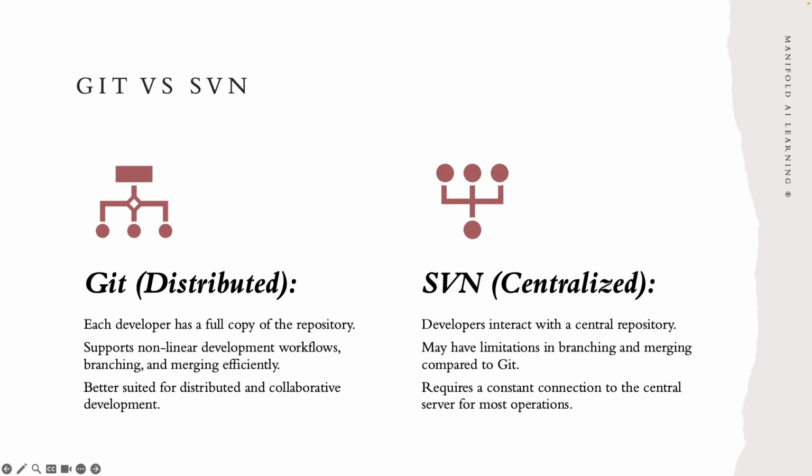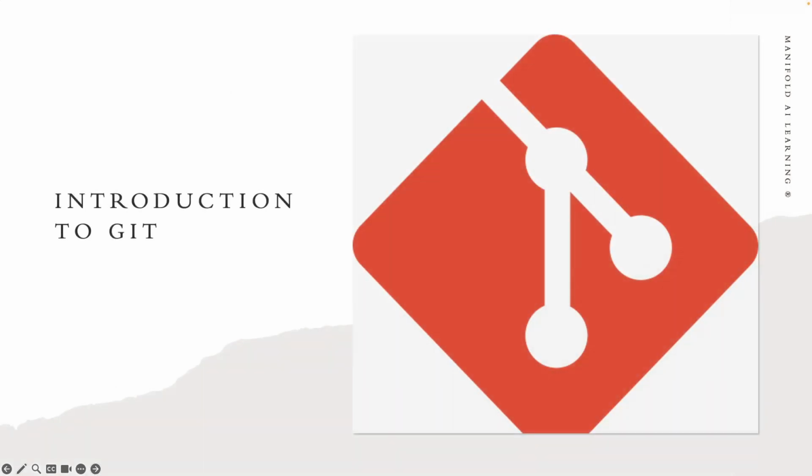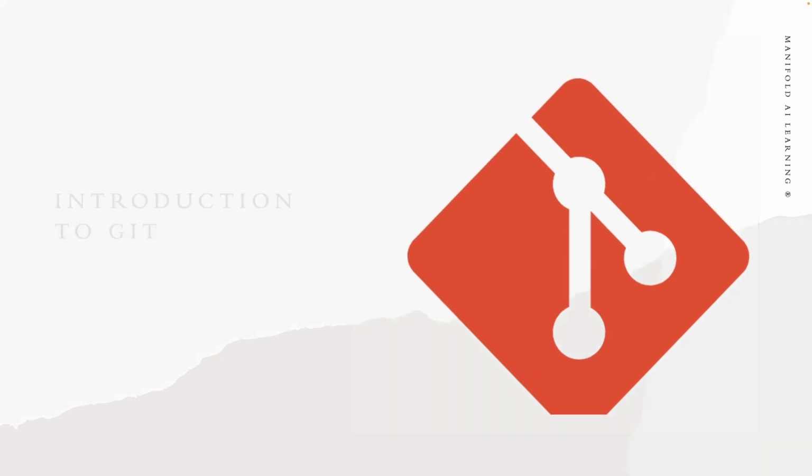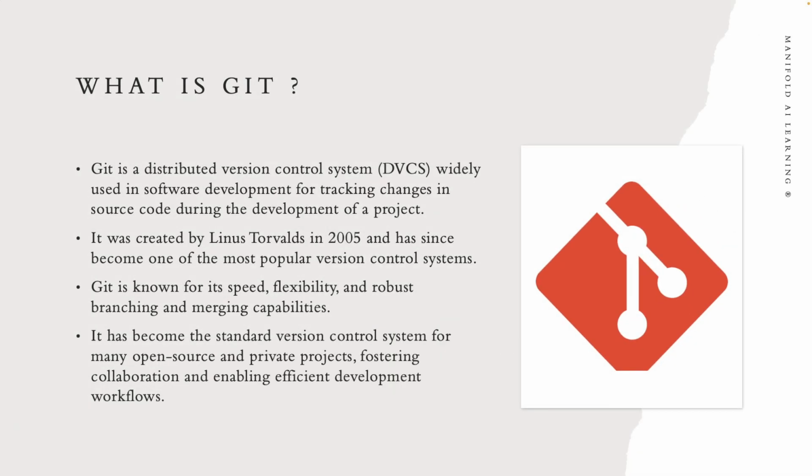Now, in our learning journey, as I've mentioned, we'll be working with a Git repository. So let us understand what exactly Git is. Git, as you have learned already, comes under the distributed version control system, also known as DVCS.